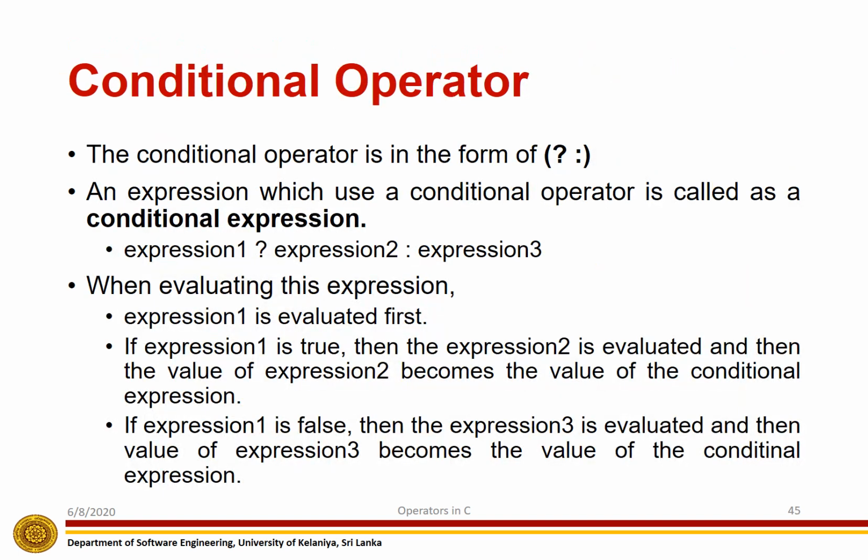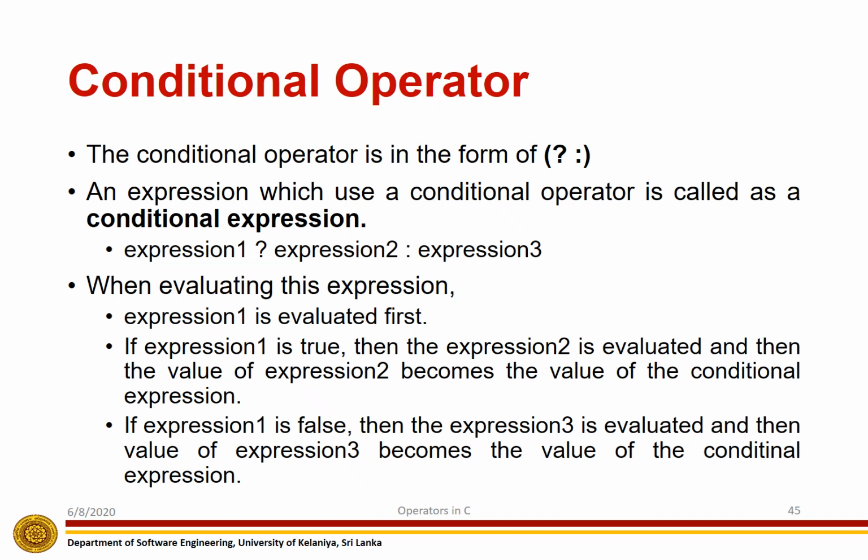Then finally, the last type of operator is the conditional operator. The conditional operator is in the form of question mark and colon. An expression which uses a conditional operator is called a conditional expression. We can write it in the form expression 1 ? expression 2 : expression 3.